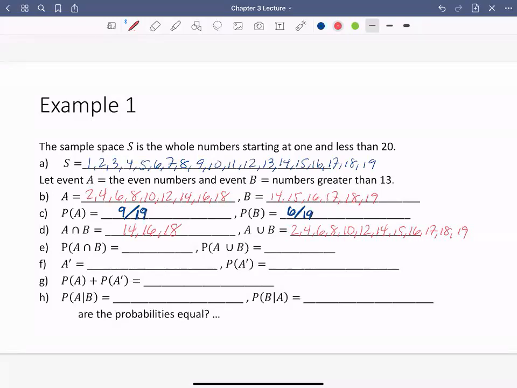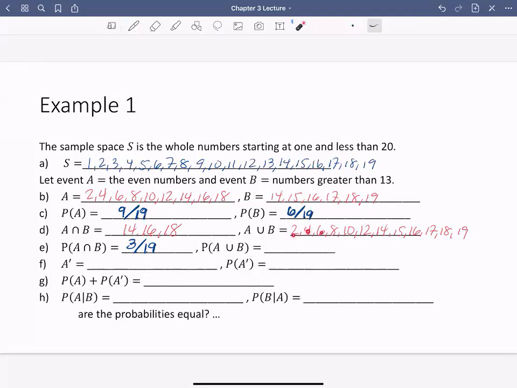So what's the probability of A and B? Well, we have 3, right? We have 14, 16, and 18. So we have 3, and then what's our possible? We have still 19 possible. There's still 19 numbers up there in that sample space. So what's the probability of A or B?